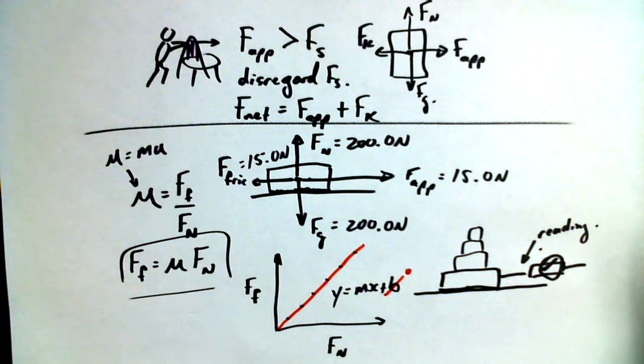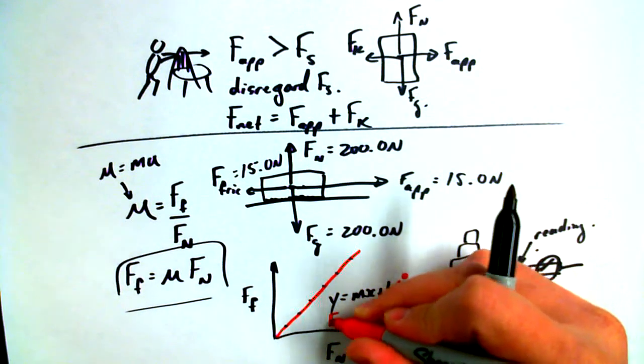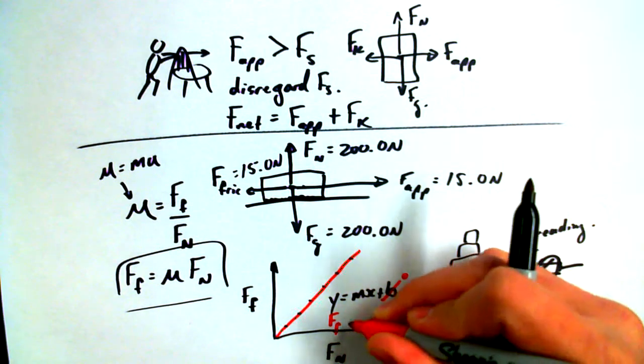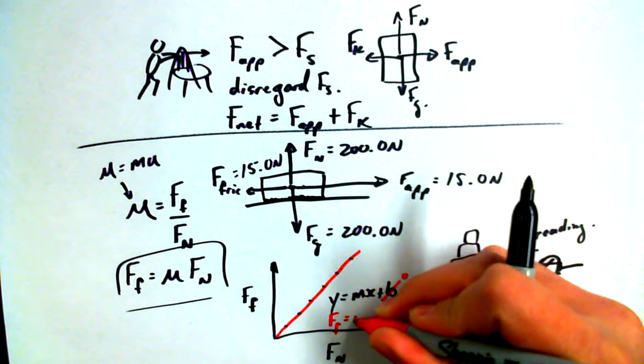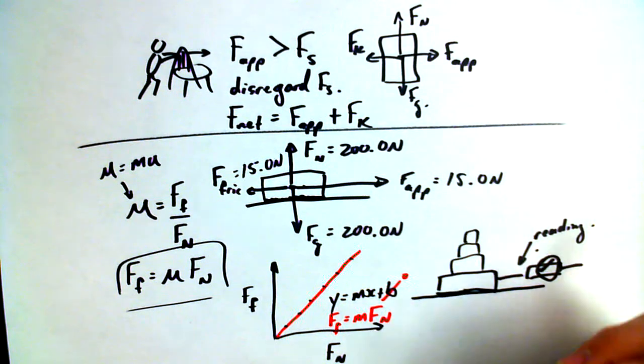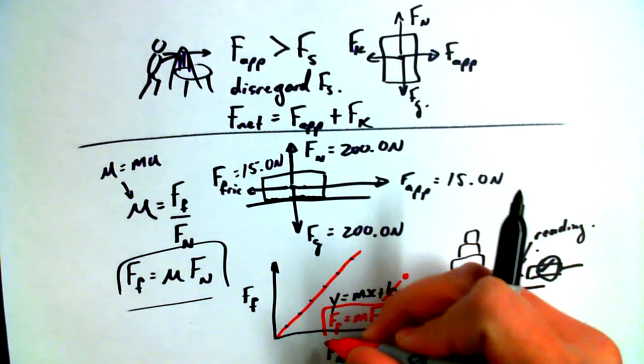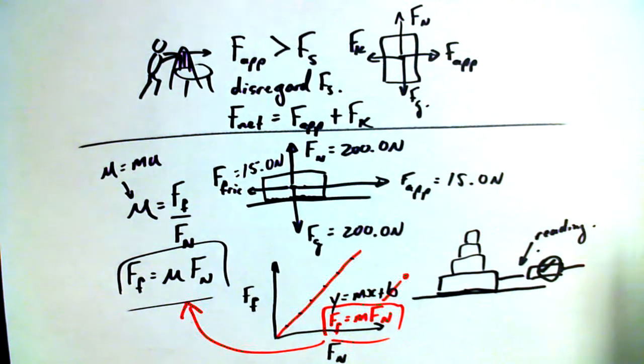So we've got y equals mx plus b. Now in this case, we didn't use y's and x's. We used Ff and Fn. The y is the Ff value, and the x is the Fn value. And now we get to this point where we say, okay, so Ff is equal to mu Fn. That's where they got the equation from.